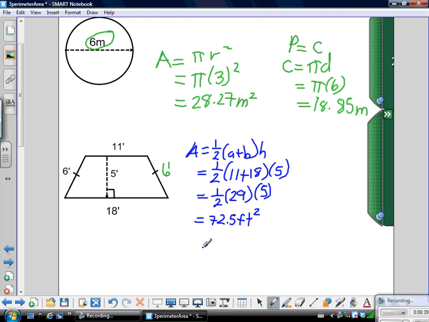The next thing I need to do is the perimeter. Now, according to the formula sheet, they tell me that the perimeter is the distance all the way around, and they say A plus B plus C plus D. So we can do that.